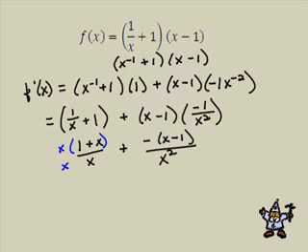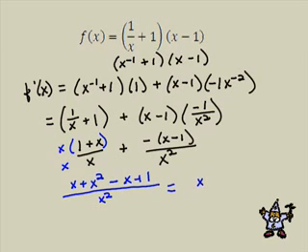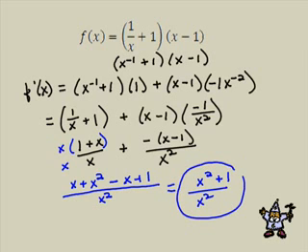So I get x plus x squared minus x plus 1 all over x squared, which simplifies to x squared plus 1 over x squared. Okay, and we'll just leave the answer like that then. Here again, another way to do this is to multiply it out first and then do the derivative.